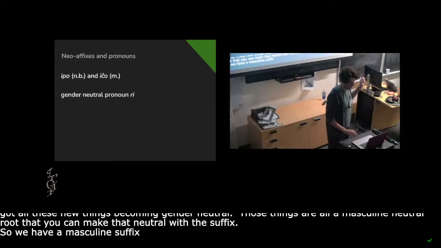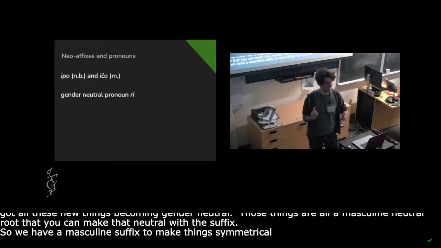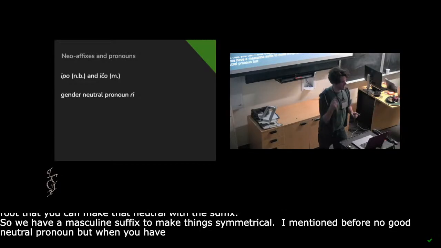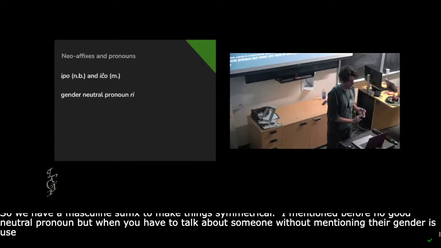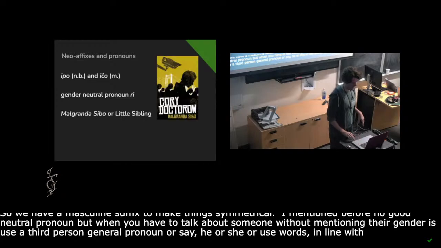And we've got a gender-neutral pronoun, because I didn't mention before that Esperanto didn't have one. The way to talk about someone without mentioning their gender is to avoid using a pronoun, use a third-person general pronoun, or say he or she, or even worse, use the gender-neutral he, as we were saying before, a conflation of masculinity and neutrality.